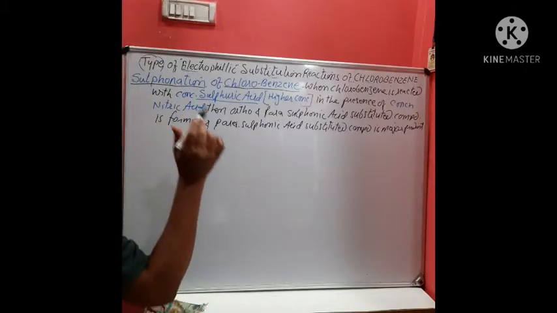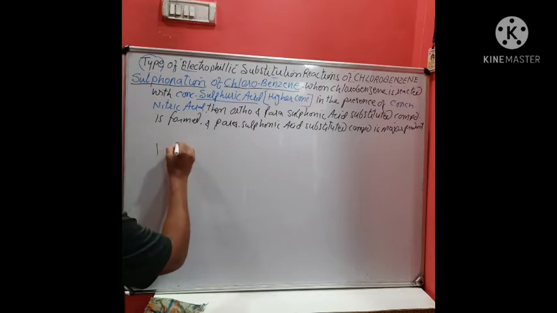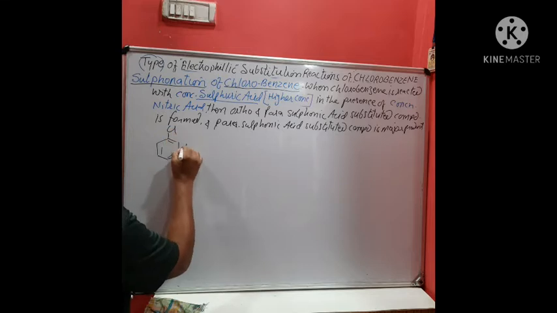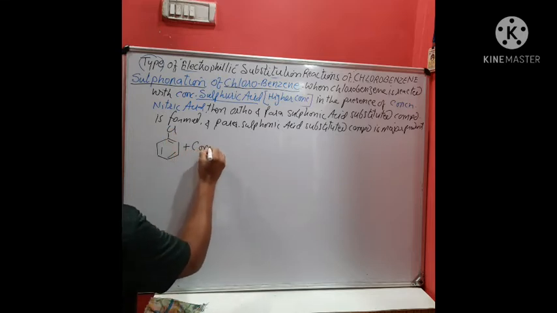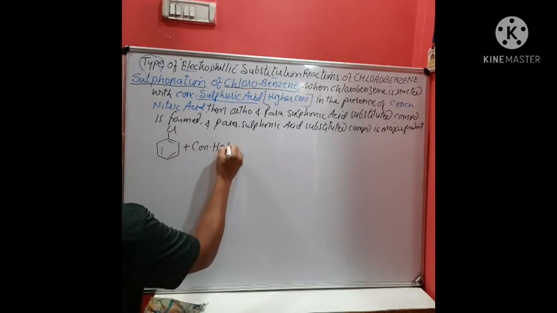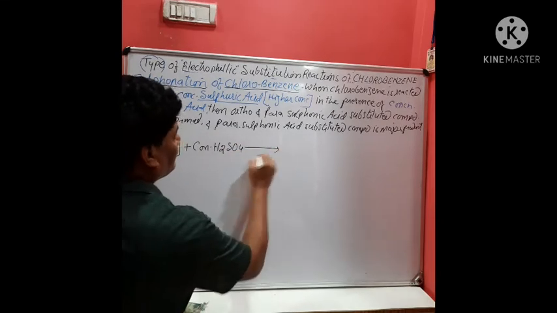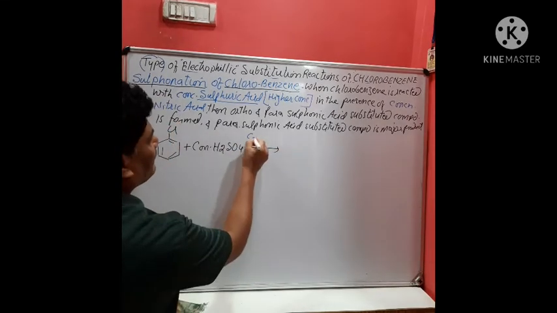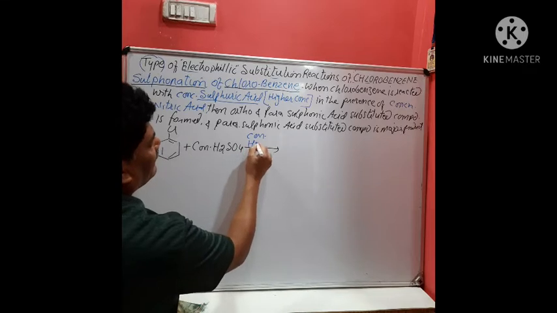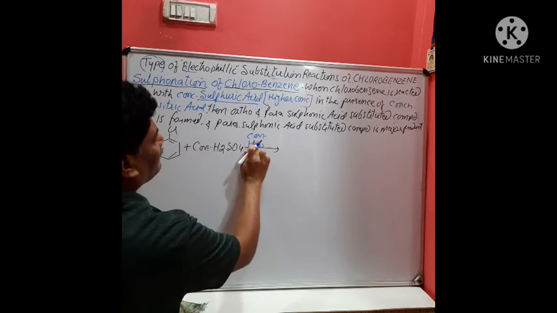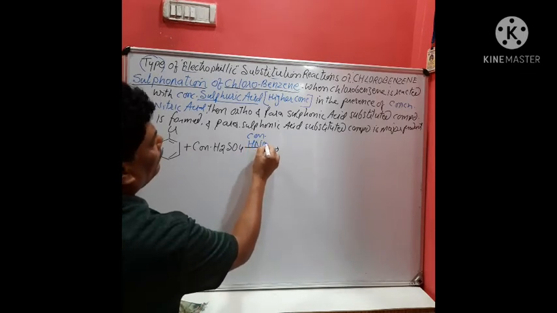Now for this reaction we have to write its equation. The equation is: chlorobenzene plus concentrated sulfuric acid. We will write it as the reactant, and the catalyst is concentrated HNO3.